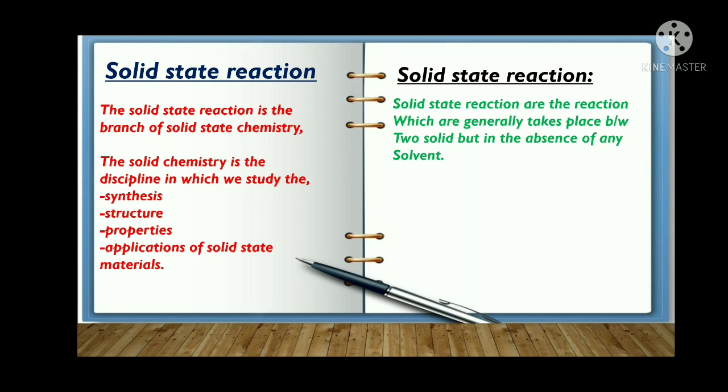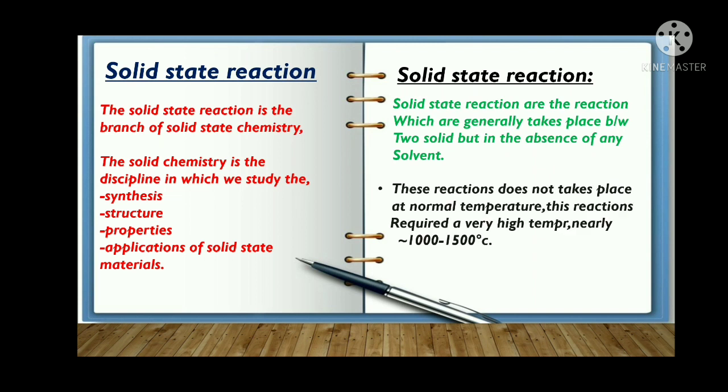In a solid state reaction we do not use any solvent, so that's why solid state reactions offer simple steps, but sometimes they are complicated too. Generally, a solid state reaction takes place at very high temperature, nearly in the range of 1000 to 1500 degrees Celsius. At room temperature, no reaction takes place between two solids.